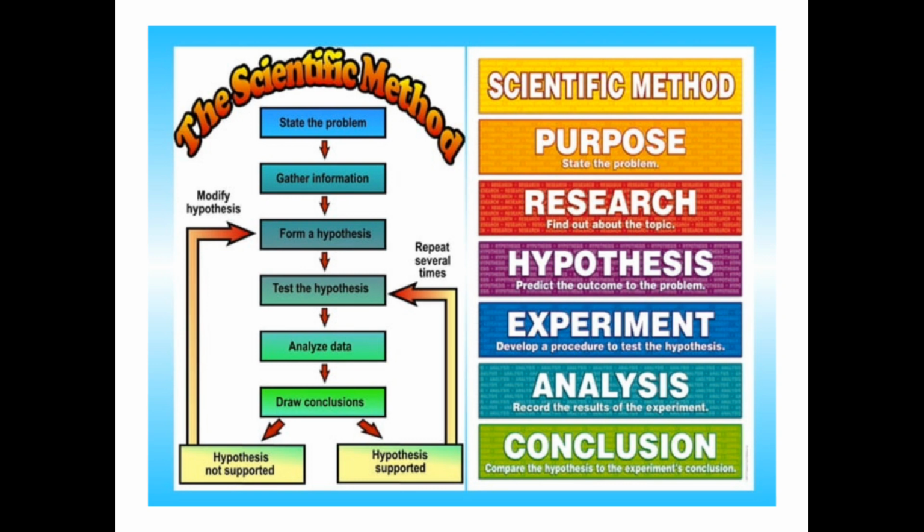If the hypothesis supports your conclusion, then you have a theory at hand. But if it does not support your conclusion, you go back to modify your hypothesis. Now, if the hypothesis supports your conclusion, you test it again. Then you test it over time.